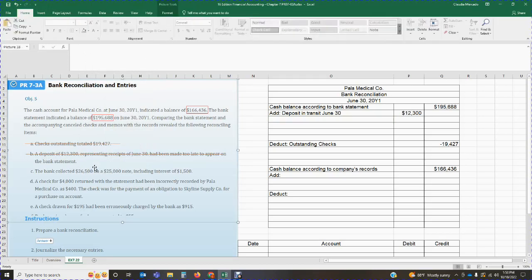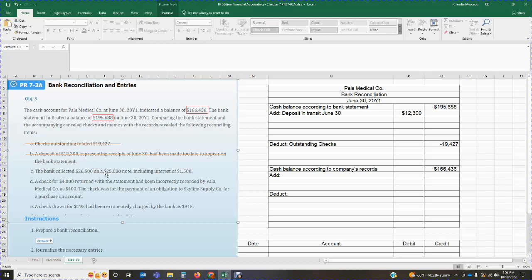Now let's look at C. The bank collected $26,500: $25,000 for the note, and $1,500 for interest. So the bank has collected the money, which means they have recorded it on the bank's end, but we didn't know about it. So now the company needs to record that money collected.